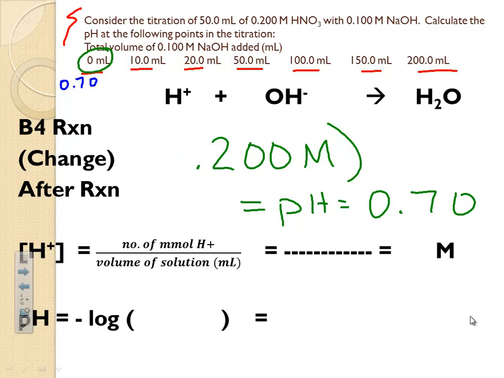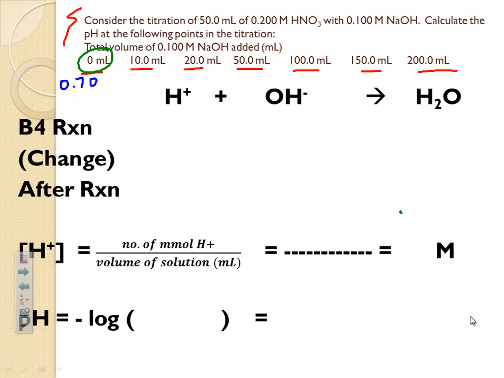Okay, the next question is assuming what happens after you take that flask, you open the burette a little bit, and you add to it 10 milliliters of our strong base. So for this one, we have to do a little bit of stoichiometry before we figure out what our new concentrations are going to be. And I'm actually going to introduce a new unit, which is the millimole, which sounds a little bit crazy, but it's what you get if you take the milliliters, so we've got our 50 milliliters, and we multiply it by our molarity.